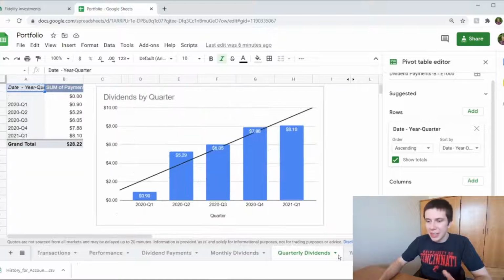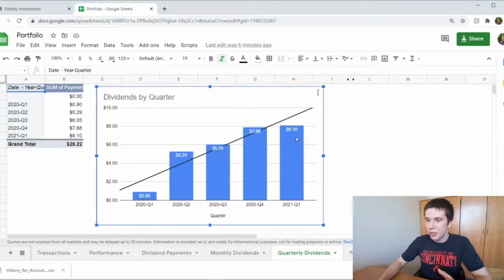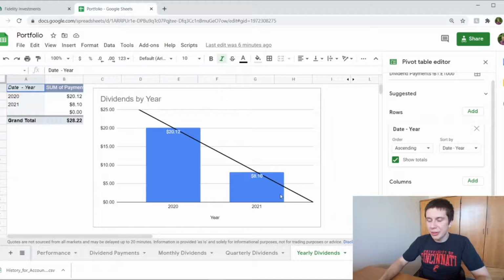And then if we look at the quarter, we got about $8.10 this quarter, which is a little bit higher than last quarter in 2020 Q4. And hopefully we'll just keep increasing that as we go forward into the future. And obviously on the year, nothing crazy, but $8.10 for the year so far, even after just one quarter, is nothing too bad.